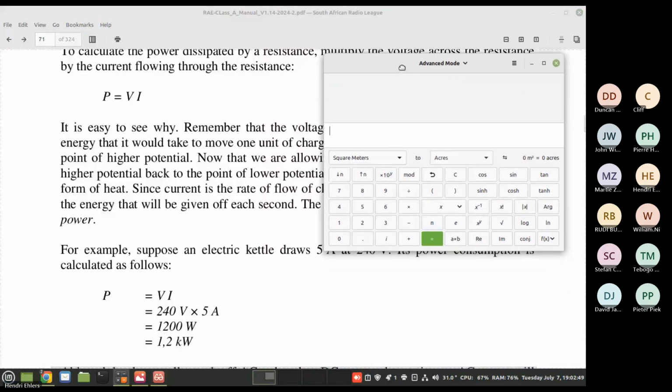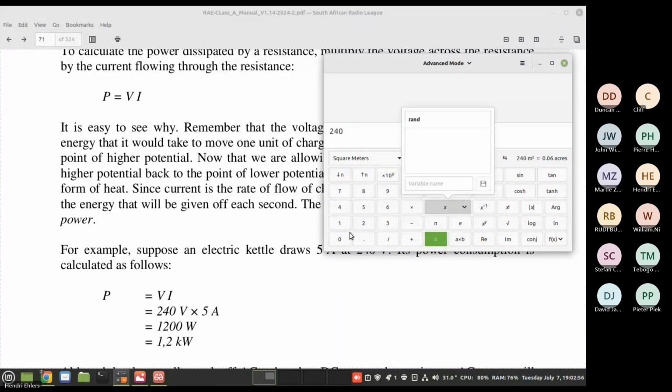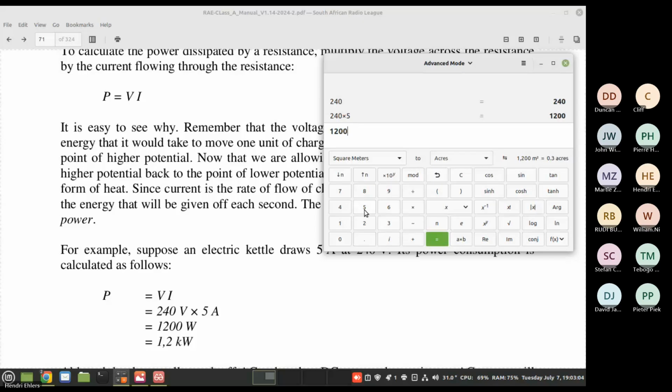So we know that the voltage is 240, and we times it by 5 amps. And that is 1200 watts or 1.2 kilowatts.